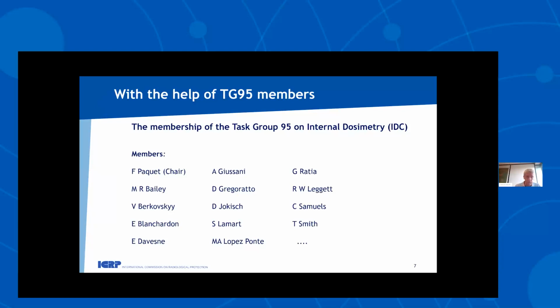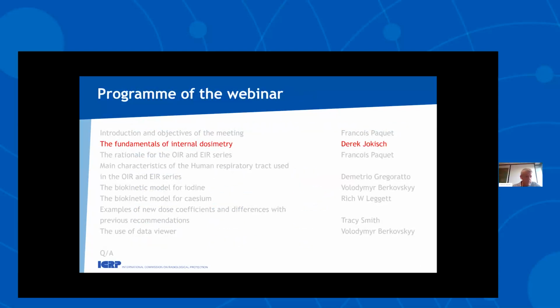If you want to join us at the end of this presentation, you will be welcome, because as you will see, it's a hard task to produce these models and dose coefficients. So I'm finished with the introduction. I propose to stop and give the floor directly to Derek to start with the fundamentals of internal dosimetry. Derek, you've got the floor.